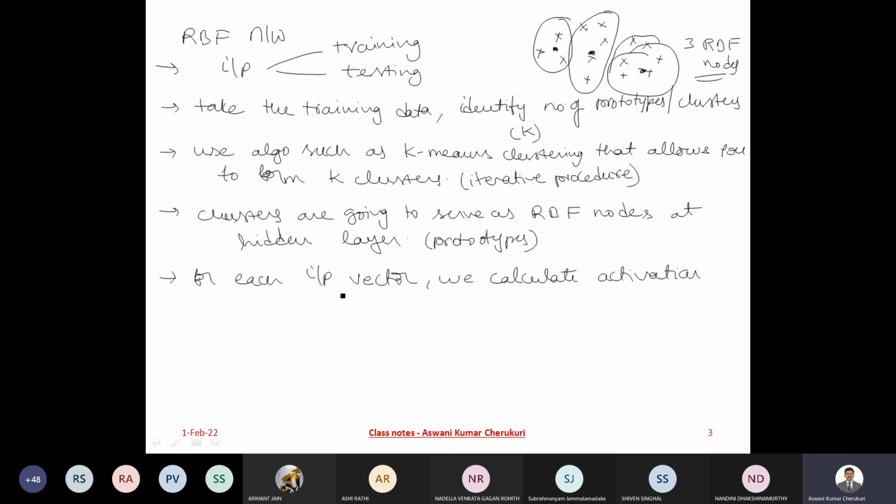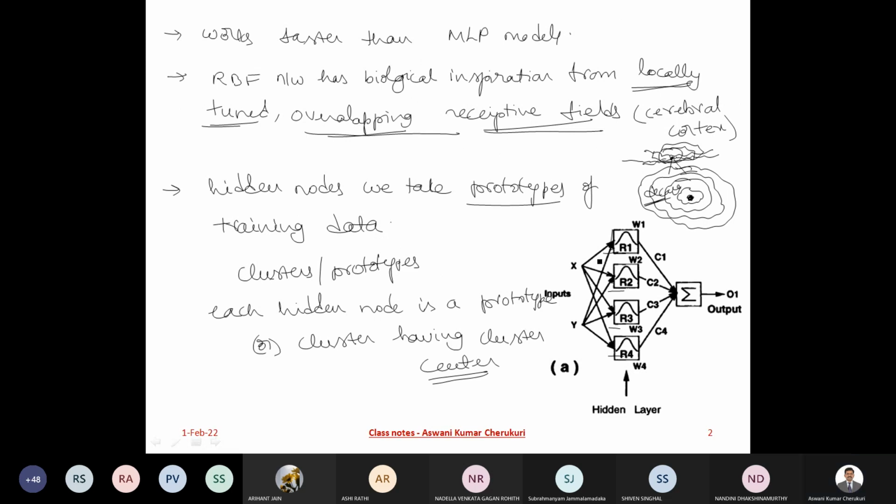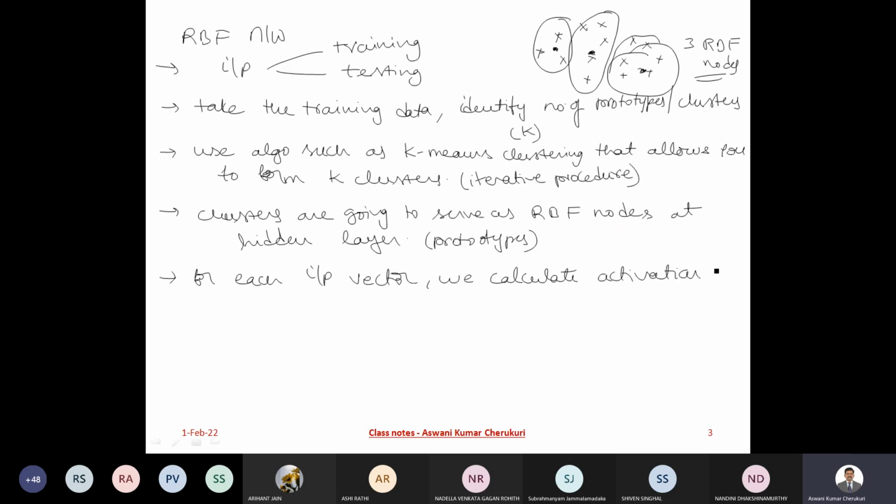When I say activation, what is that activation you are calculating? In the previous step, you were just submitting the input, taking the input vector and submitting it. Now we calculate the activation at the hidden layer. For every hidden node, that means every prototype node, we calculate the activation. How?